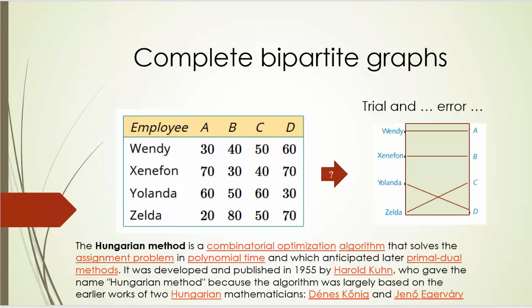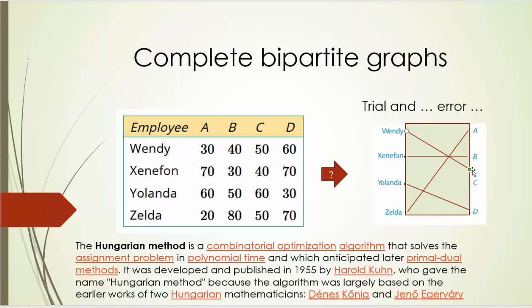The only trouble is, Zelda going to C is going to cost 50, whereas Zelda could cost 20 only going to A. So you could muck about. Let's say we send Zelda to A after all, which means Wendy will have to go down to C, which may not be the best because Wendy's C is 50.